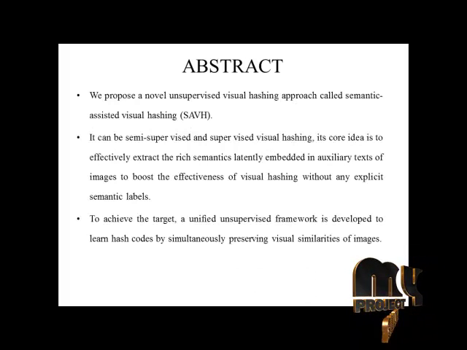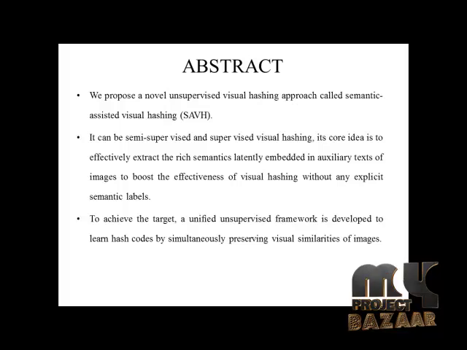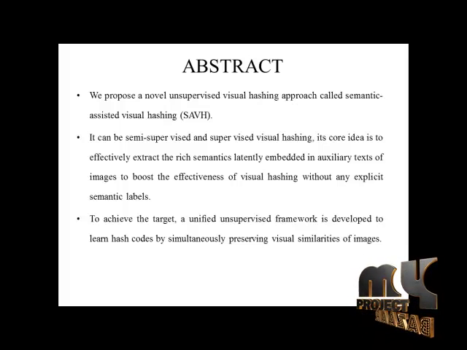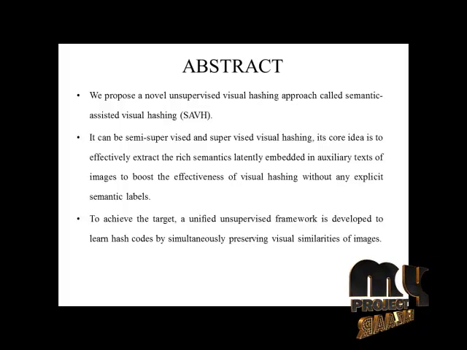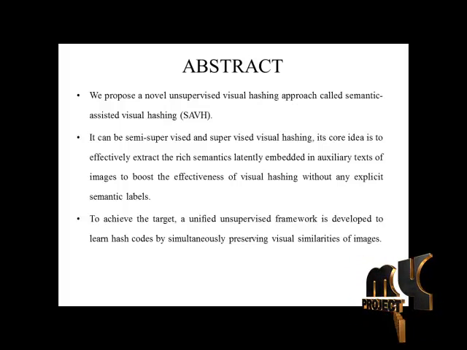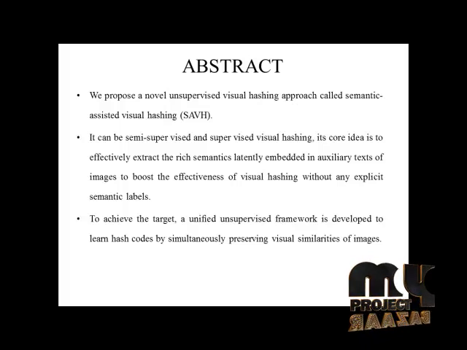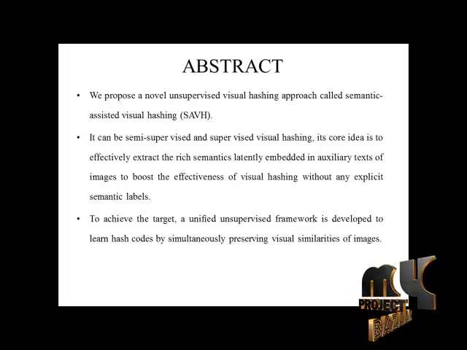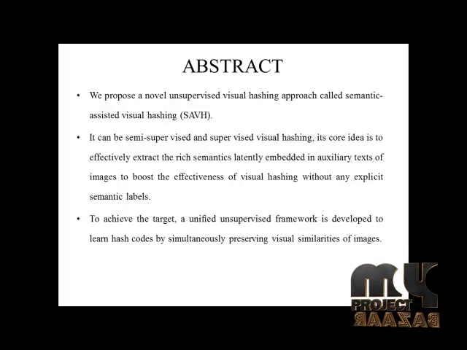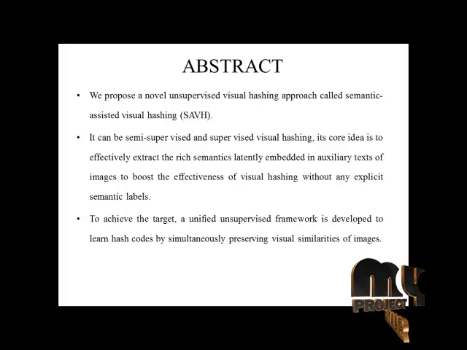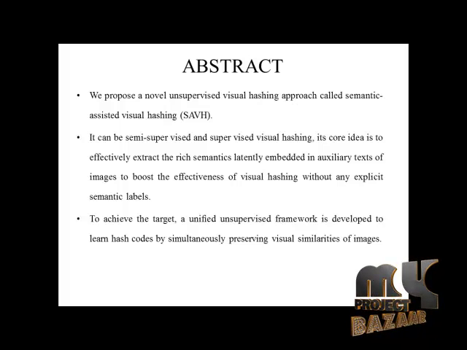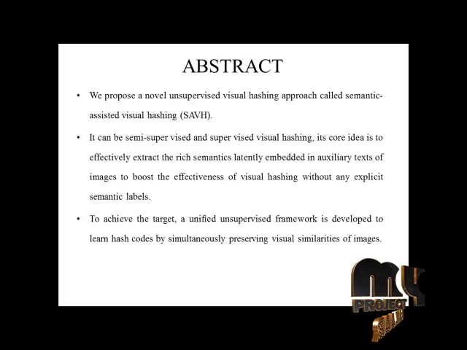The project abstract is: we propose a novel unsupervised visual hashing approach called Semantic Assisted Visual Hashing, that is SAVH. It can be semi-supervised and supervised visual hashing. Its core idea is to effectively extract the rich semantics latently embedded in auxiliary tags of images to boost the effectiveness of visual hashing without any explicit semantic labels.